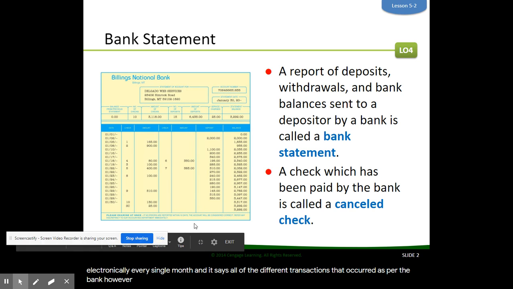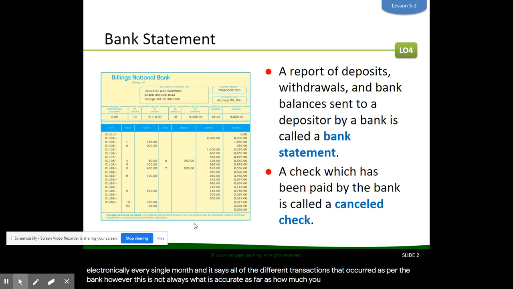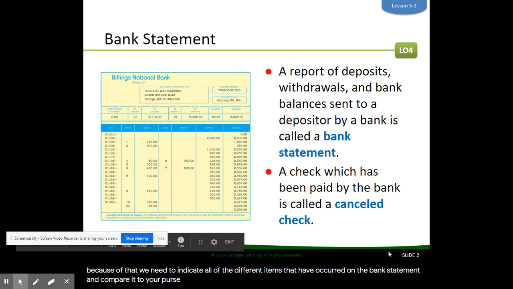However, this is not always accurate as far as how much you have available to you. And so, because of that, we need to indicate all of the different items that have occurred on the bank statement and compare it to your personal records.